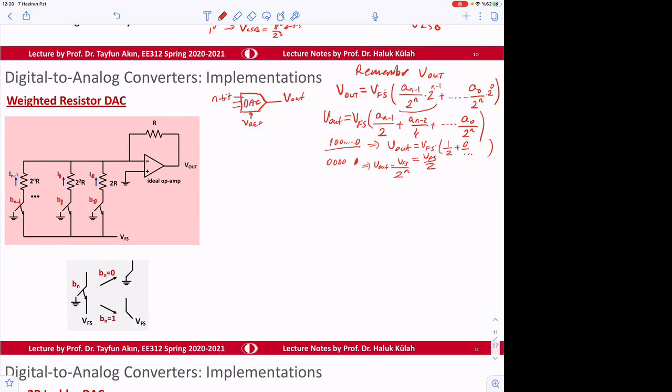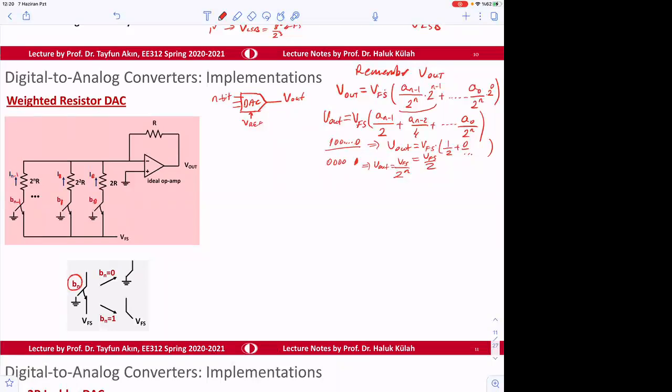And the way that we implement it is with the switches, okay? So in this circuit, let's say this is the way the switches work.